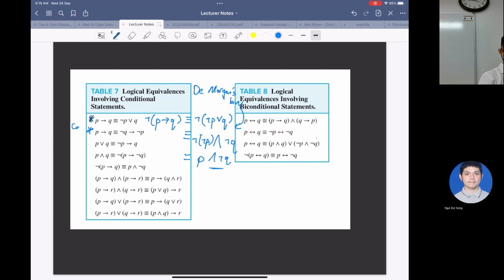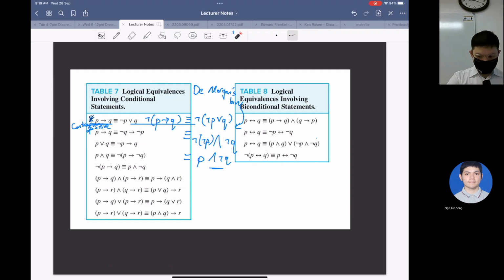Contrapositive, yes. Actually, you can show that these two have the same truth table. So if you want to show that this is true, then you also can show that not Q implies not P. Similarly, for this, if you want to show P implies Q, you also can find not P or Q.